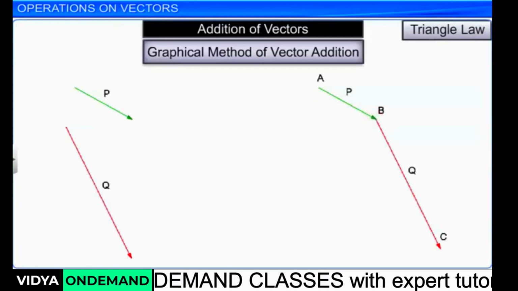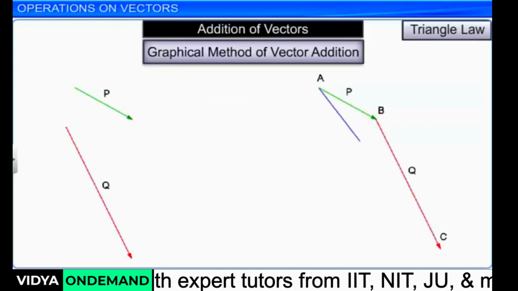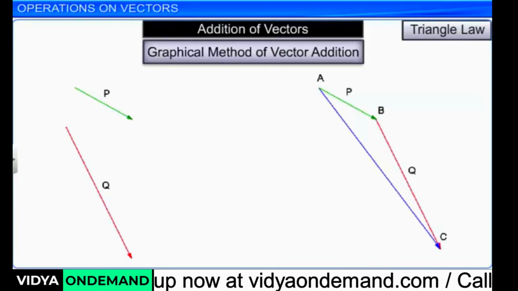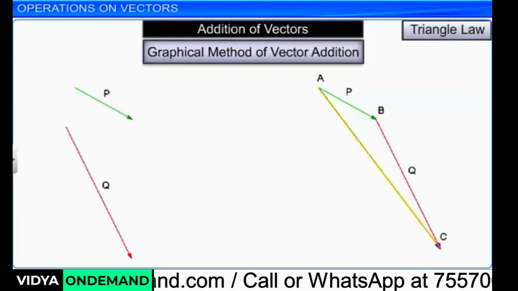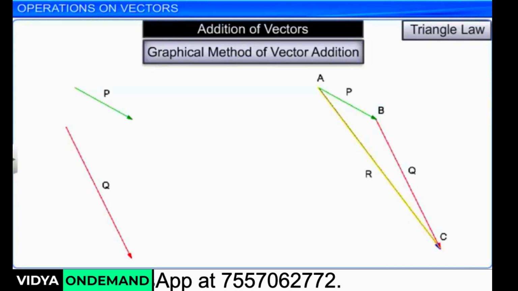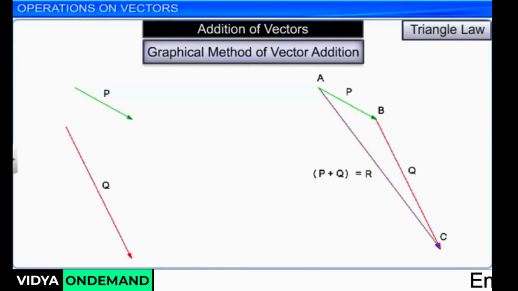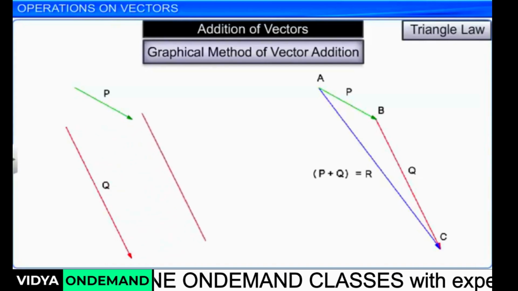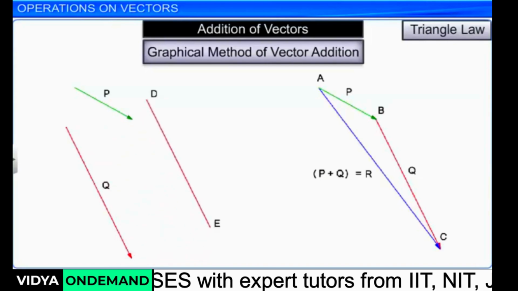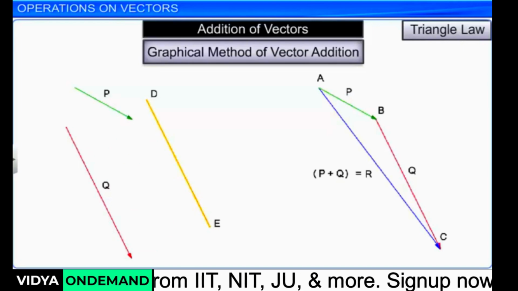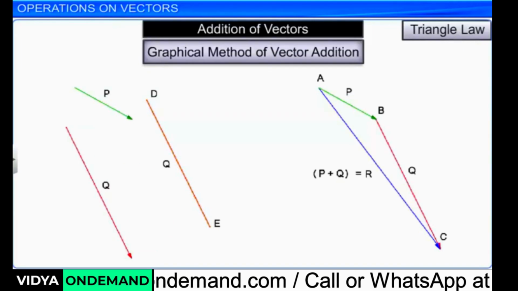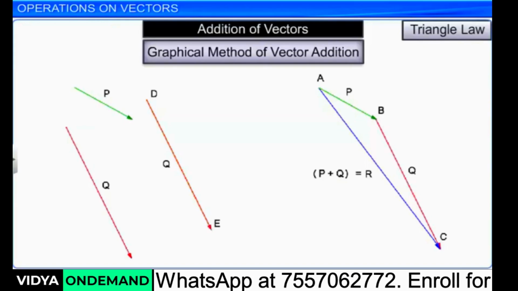Similarly, draw a line DE parallel to Q. The length of the line DE is equal to the length of Q. Display an arrowhead at E. Then draw line EF parallel to P and equal to the length of P. Put an arrowhead at F. The tail of P coincides with the head of Q. Now, join DF.